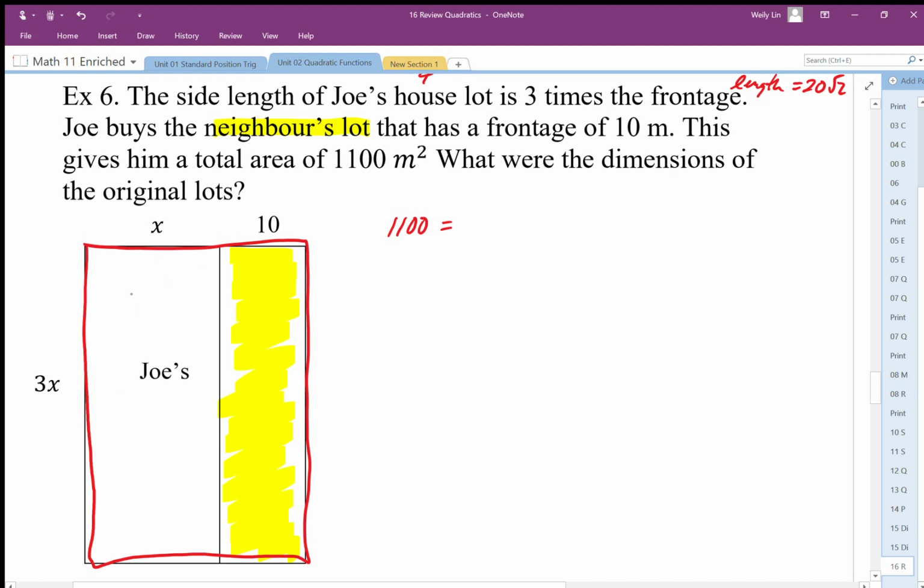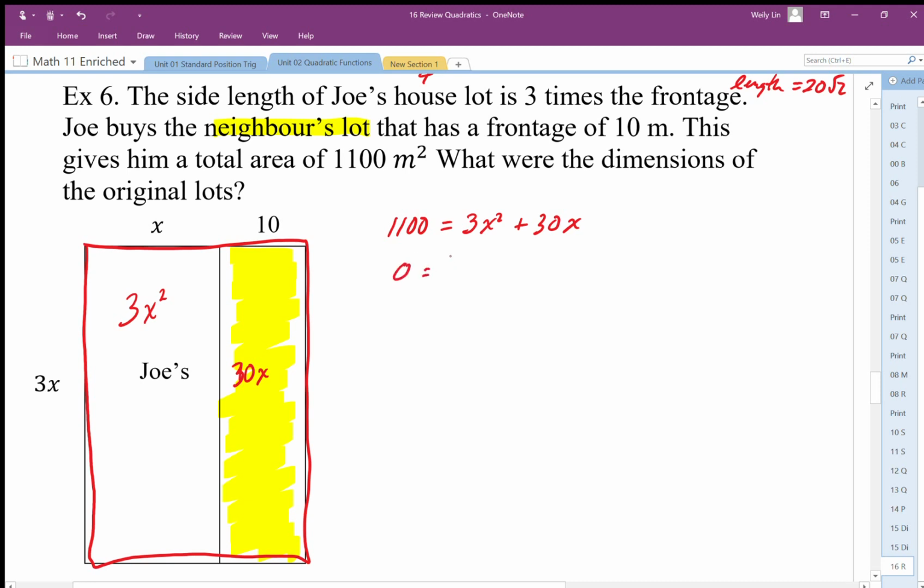We know that length times width of Joe's original lot is going to be 3x squared. And we have to add on to it the area of Joe's neighbor, which is 10 times 3x, which is 30x. And so there's our equation. These two area parts equal 1,100 meters squared.